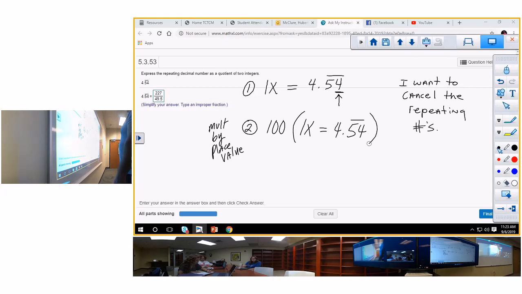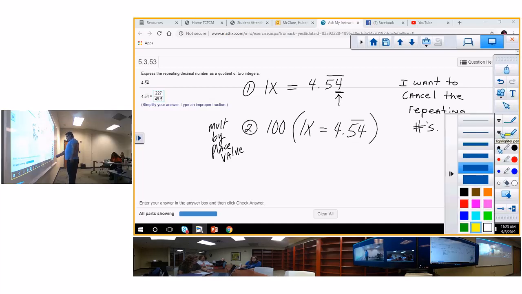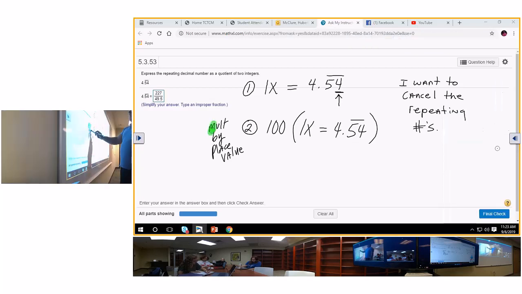We're going to do another one of these because this is something you don't see all the time. I'm going to multiply by the place value here, and that's going to multiply by 100.